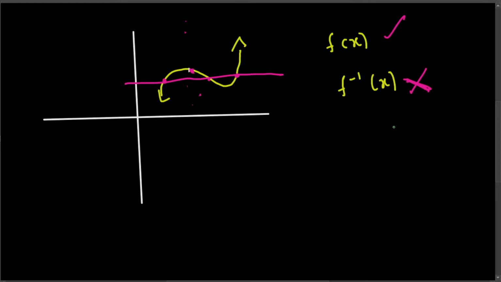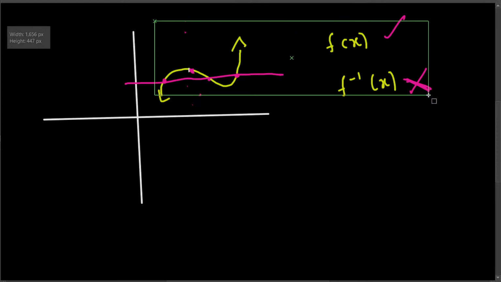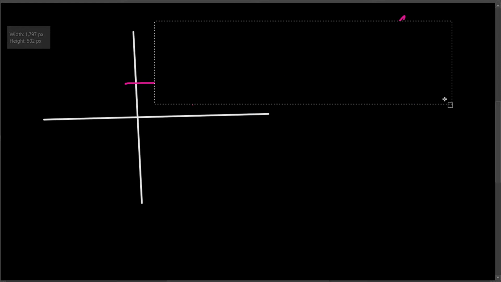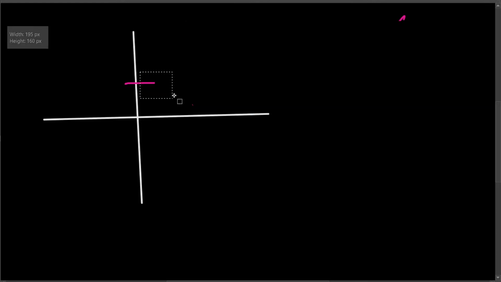Now let's look at the graph we did before. Okay, I'm going to erase this part right here. Initially we have seen the y equals x squared graph and the y equals square root of x graph.